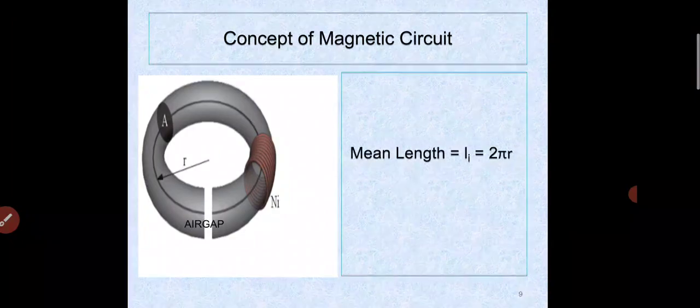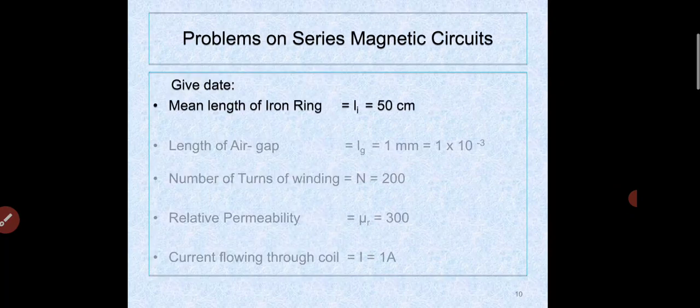So this is the series magnetic circuit. This gap is the air gap. So mean length Li is equal to 2 pi r.